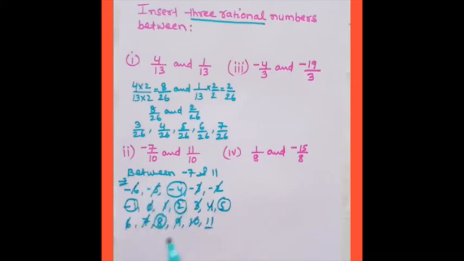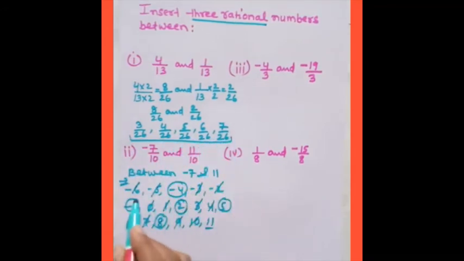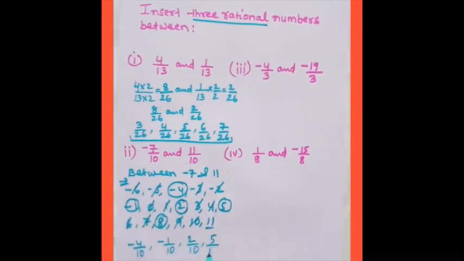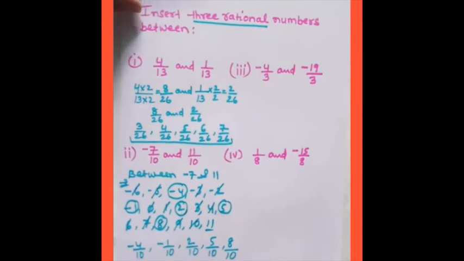I am giving you 5 rational numbers; you can choose. Here also I have given you 5: minus 4 by 10, minus 1 by 10, 2 by 10, 5 by 10, 8 by 10. Okay. So this way you can form any number of rational numbers between two given rational numbers.